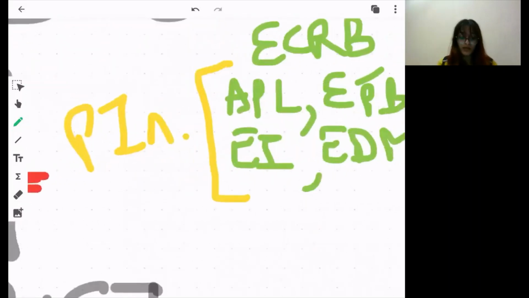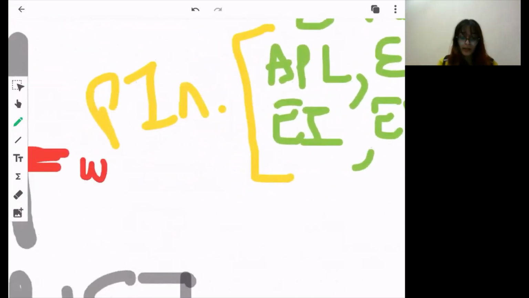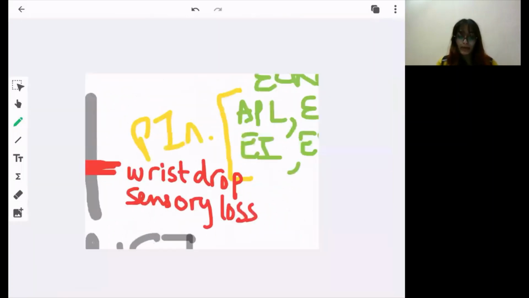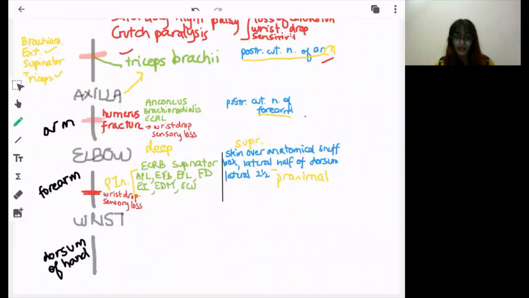So here also the symptoms will be the same: wrist drop and also sensory loss. But keep in mind, the sensory loss will only be of this area. The sensory branches to the posterior surface of the arm and forearm are already given off in the arm and axilla, so sensation there will be fine. The sensory loss will only be in this area.